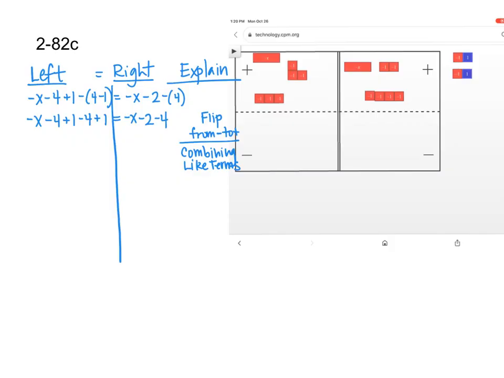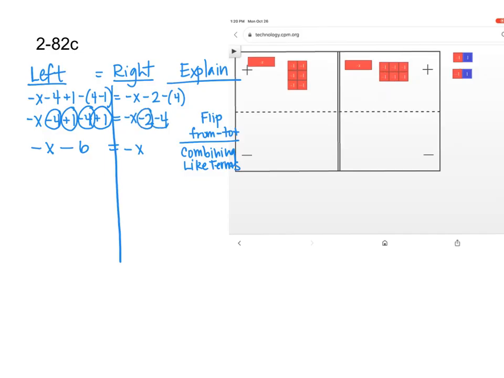So on the left-hand side of the equation, after removing the zero pairs, I'm left with negative x minus 6. There are no zero pairs on the right-hand side of the equation to remove, so I am just left with negative x minus 6.